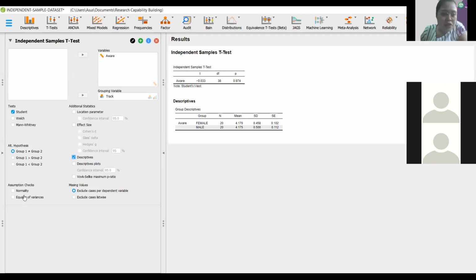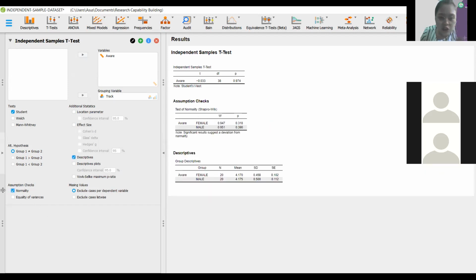Now, assumption checks. I-check lang natin kung tama ba talaga na normally distributed yung ating collected data and at the same time, if they have equality of variance. You just click normality and it will give you the test of normality or the Shapiro-Wilk.